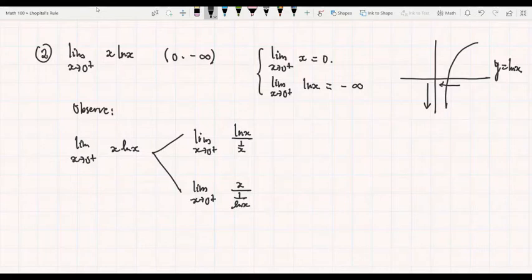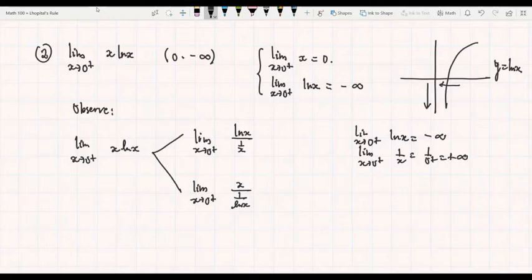So if we check the form, what do we have? For the first conversion, we have the limit as x goes to 0 plus of ln x. So from above, this is negative infinity. And then the limit as x goes to 0 plus of 1 over x is 1 over 0 plus, or positive infinity. So from these two calculations, this conversion allows us to convert 0 times negative infinity to negative infinity over positive infinity.